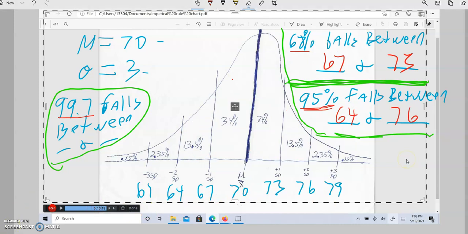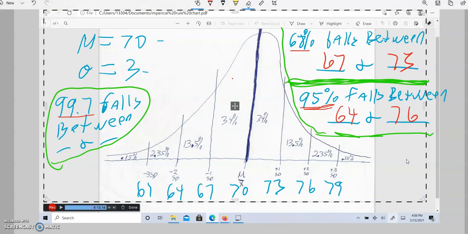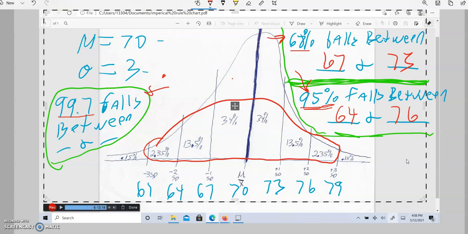And the last one is within 3 standard deviations from the mean, okay? If you add up all these, and you don't even have to add them up, I'm just telling you, this one is within 1 standard deviation of the mean, 1 lower, 1 higher, 68%. 95% is within 2 standard deviations from the mean, 2 lower, 2 higher, and this one, 99.7, is within 3 standard deviations of the mean, 3 higher, 3 lower.